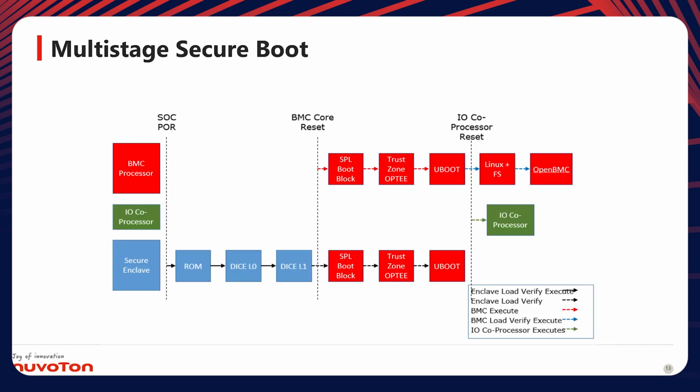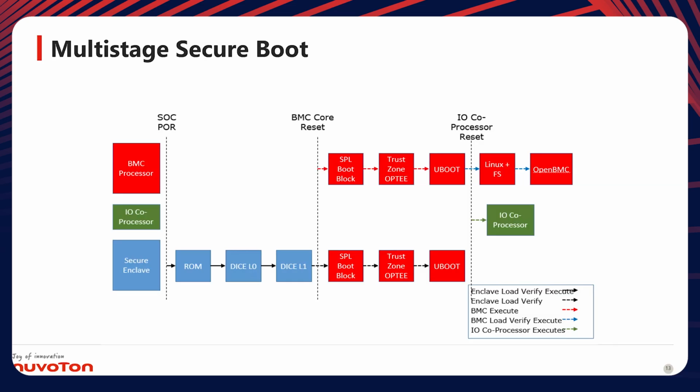Next, it loads the first layer of the DICE firmware, which we call L0. L0 loads L1. And at that point, we have the integrated root of trust running its firmware completely. It starts with the authentication of the BMC side of the image. First there's the boot block, which is authenticated and loaded to the internal flash of the BMC.